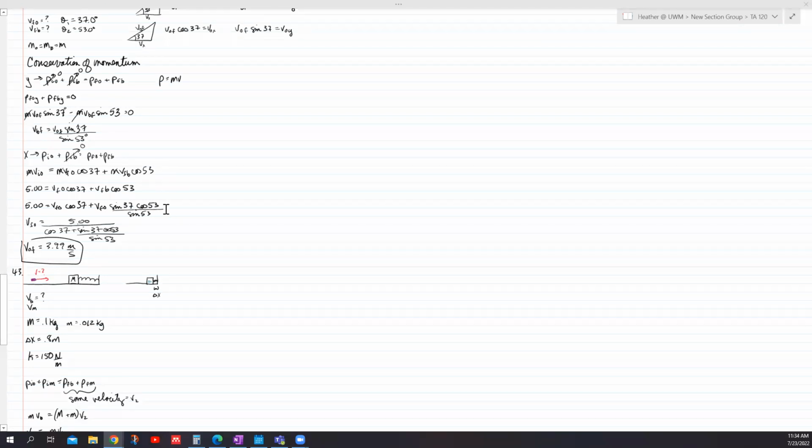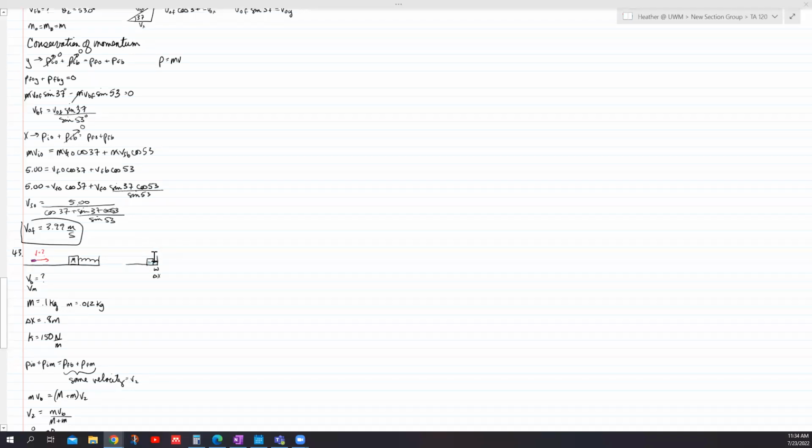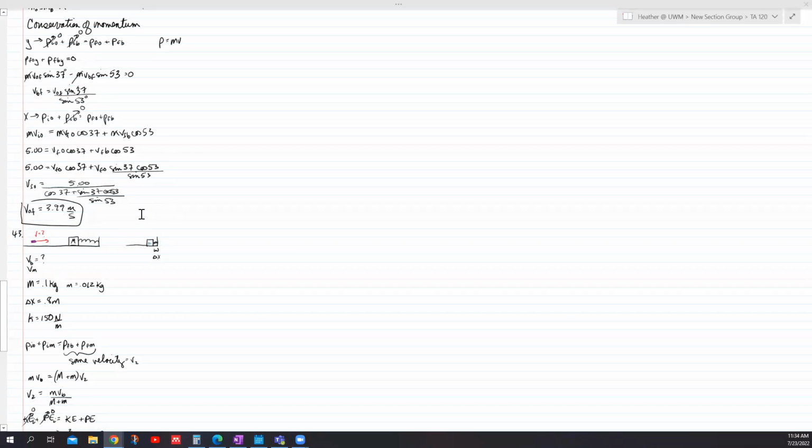Now let's look in the x-axis. We are going to have PIO plus PIB. PIB is going to zero out because our blue disc wasn't moving, equals our final momentums. We are going to, again, plug in what we know. We are going to cross off m's because these are of equal mass. The masses cancel out.